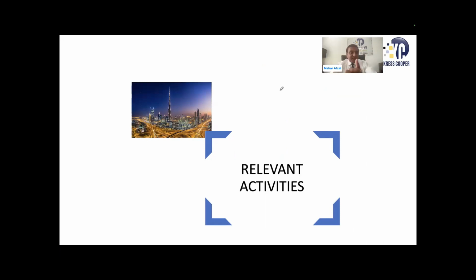Now we have discussed the licensee. We have established that a licensee is a juridical person carrying out a relevant activity. If the juridical person is not carrying out any relevant activity, they will not be subject to ESR. If the juridical person is carrying out a relevant activity, it will be considered a licensee. There are two possibilities: exempted licensee and non-exempted licensee. An exempted licensee still needs to submit the notification.